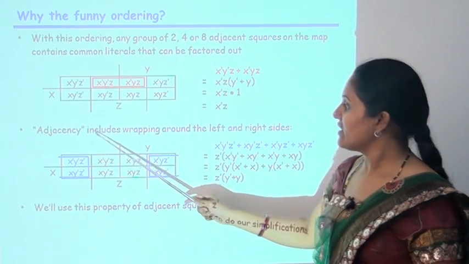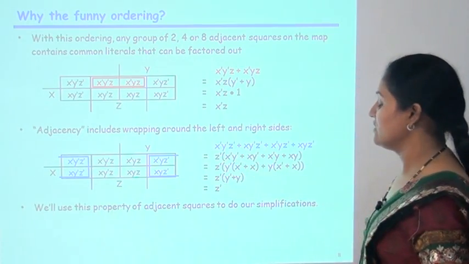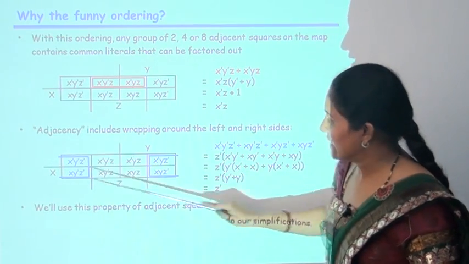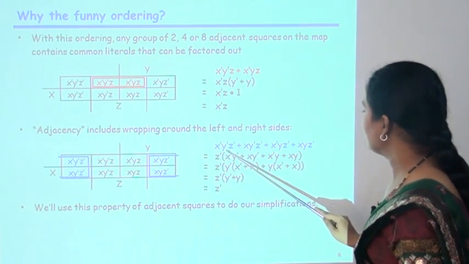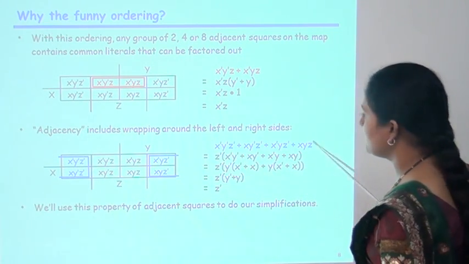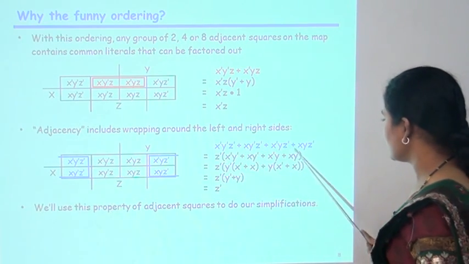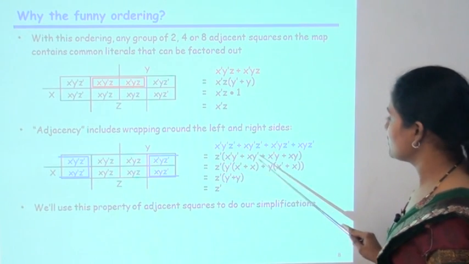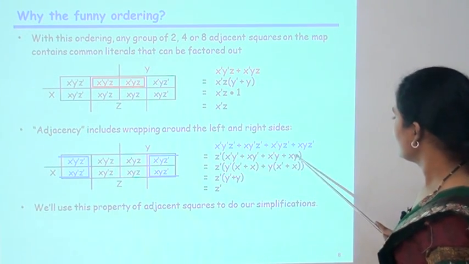Again, we can adjacently include wrapping around the left and right sides. What does it mean? If we are taking both sides for the union, for this total we can take z' common. So now this part is this. Again in this section here we can take common as y' and here y.